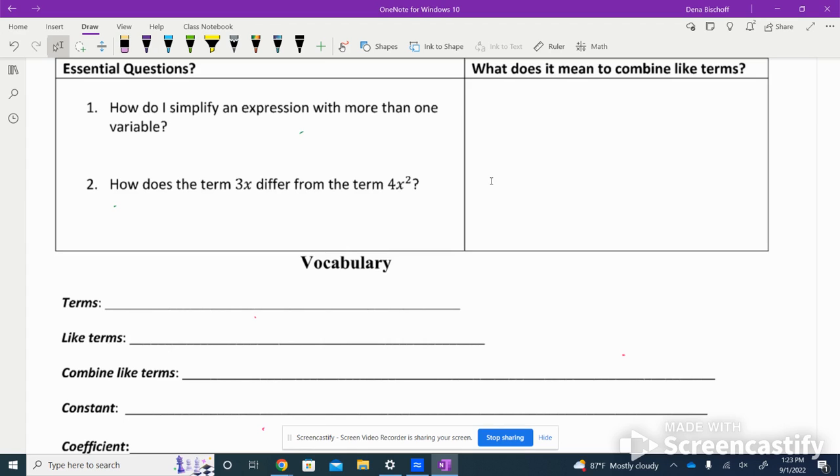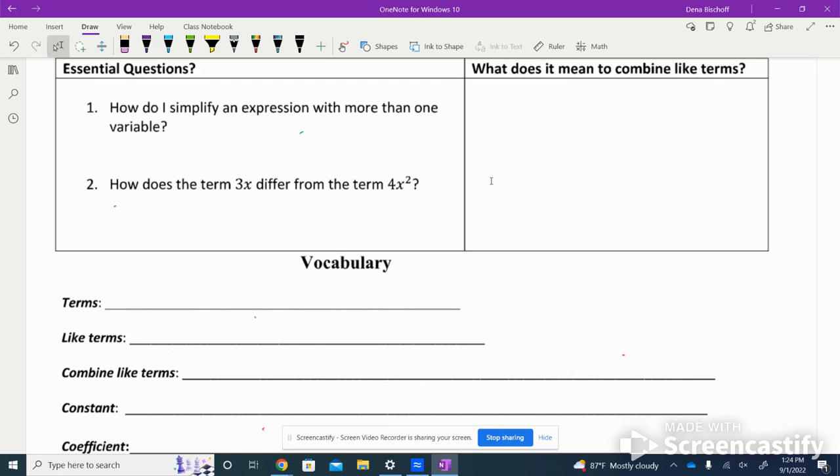And above that, I'm going to write letter. You need to have the same letter. Okay? How is 3x and 4x squared different? What's different about them? 4x is squared. So not only do I have to have the same variable, but I also have to have the same, what is that called when I square something or cube it?